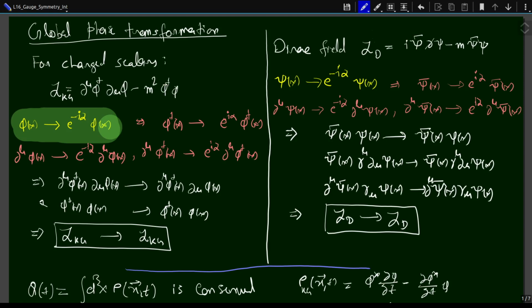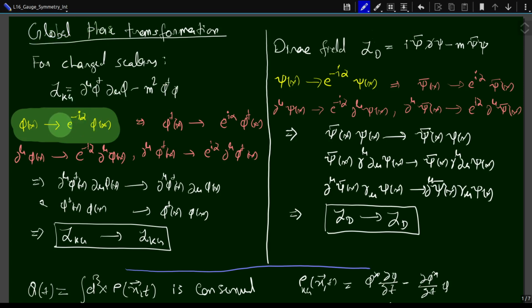You multiply this complex field with a constant phase throughout. So the change in the phase, that alpha, is independent of x, and that's the reason we are calling it a global phase.